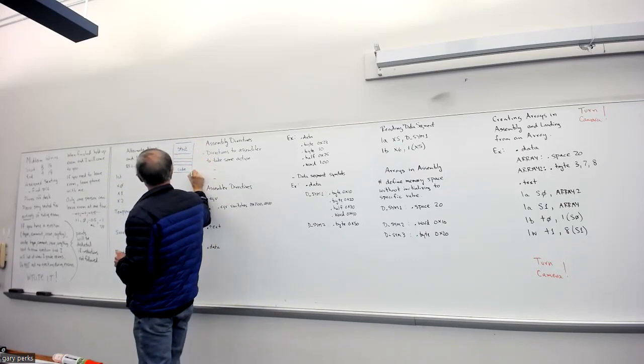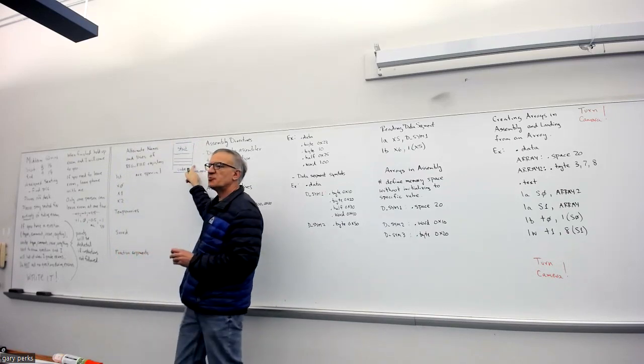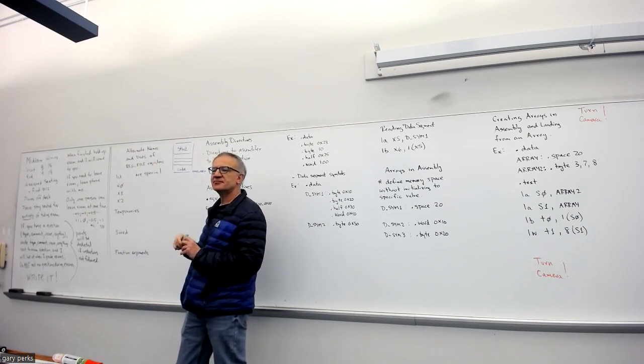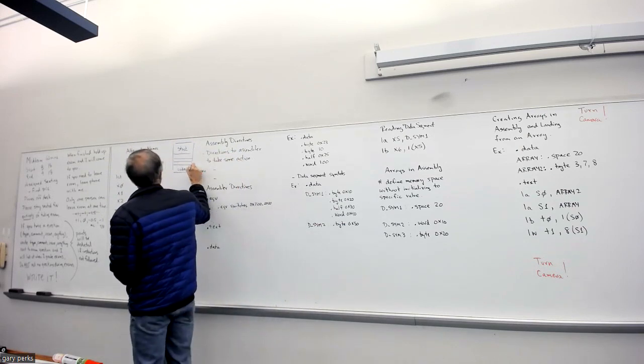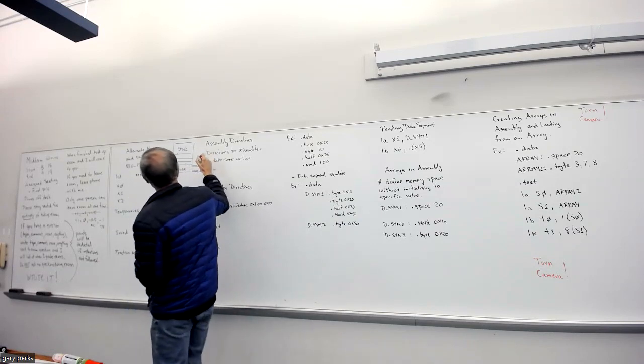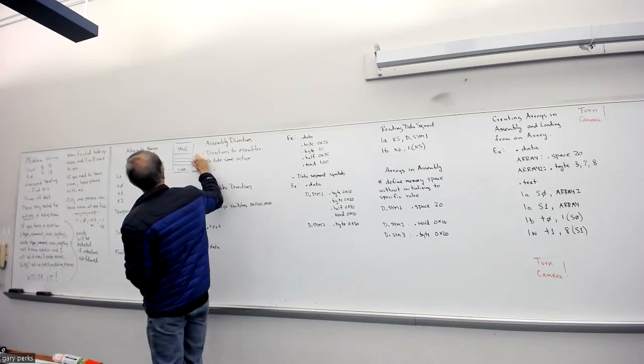Because our code segment starts at all zeros. Do you remember how far up an address the code segment goes? You got it. Very good. Well, all zeros and then 5. Like that. So the first address of the data segment is 6000X.